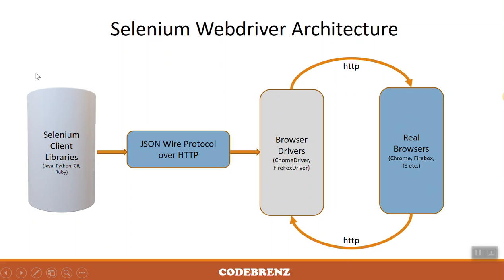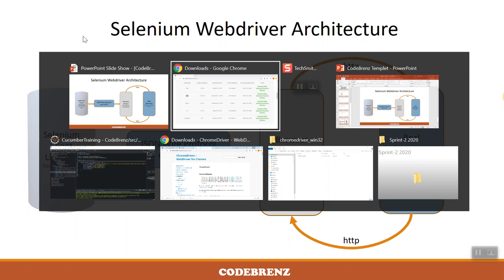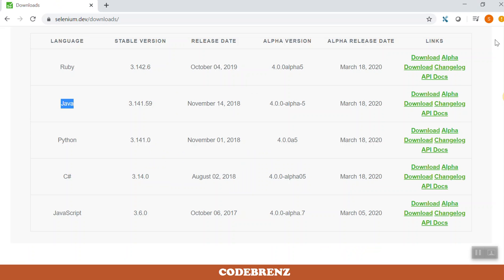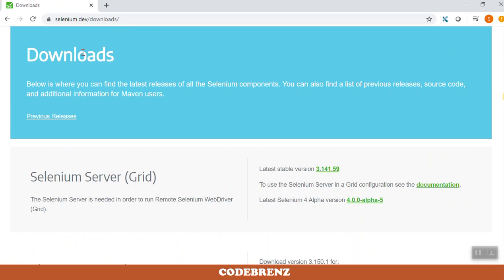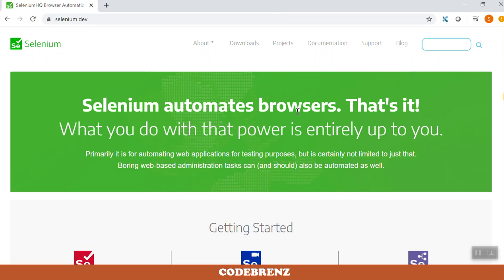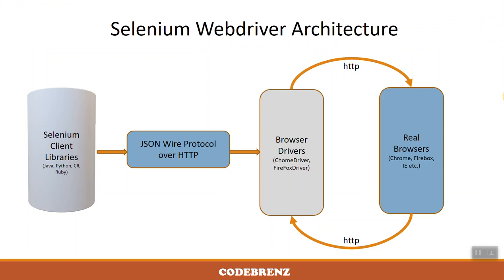When I was just showing you the Selenium official website, what did it talk about? It just talked about Selenium automates browser. So aren't we achieving this through this particular architecture? So all three components that you see over here, if you do manual testing, there will be just a manual tester sitting over here.